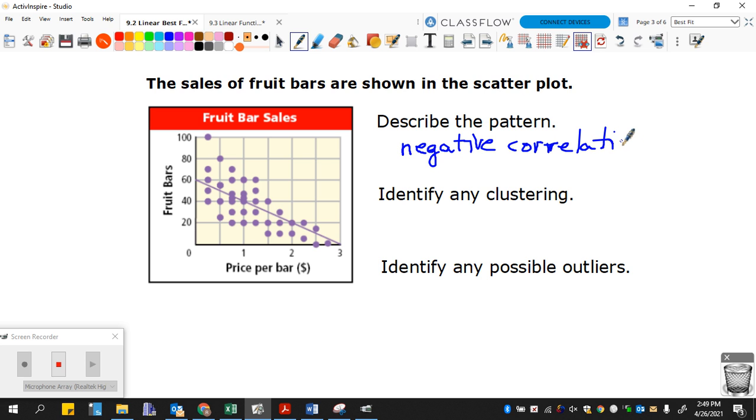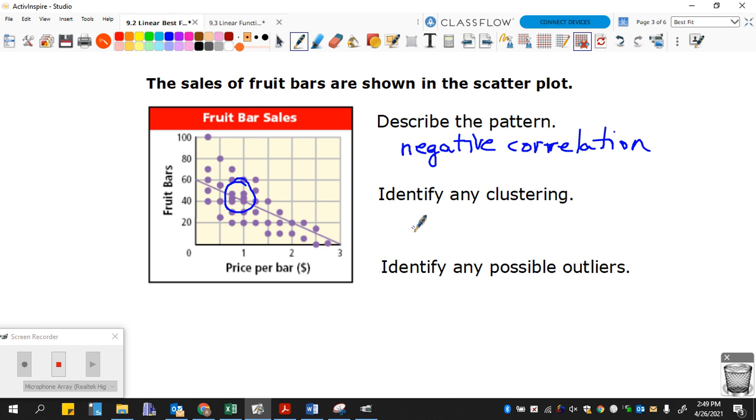All right. Any clustering? Well, let's see here. It looks like there's some clustering, none down here, but it looks like there's some right around in this area right there. So somewhere between 75 cents and $1 a bar.